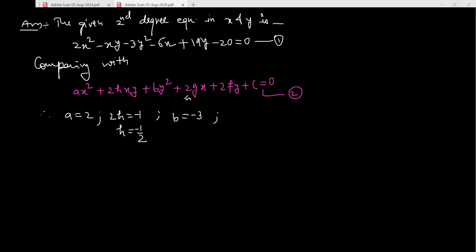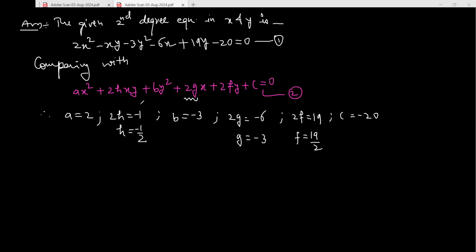Then you have 2gx, and this is minus 6x, so 2g is minus 6, so g is equal to minus 3. And then 2f is 19, so f is equal to 19 by 2. And then what is c? c is equal to minus 20.